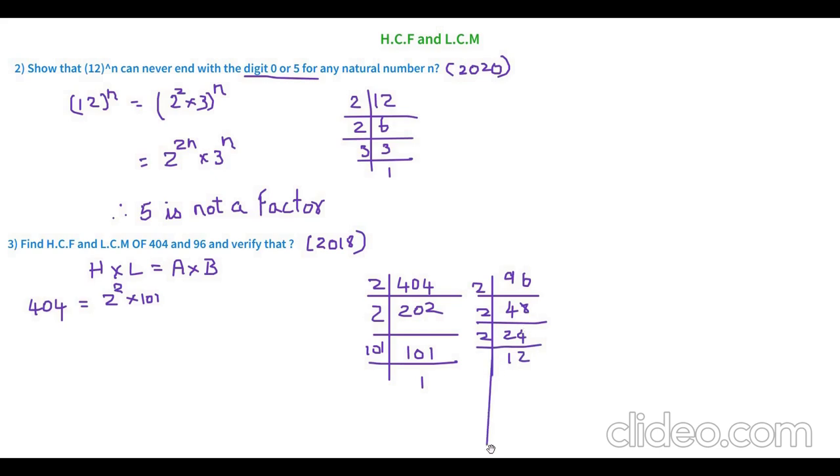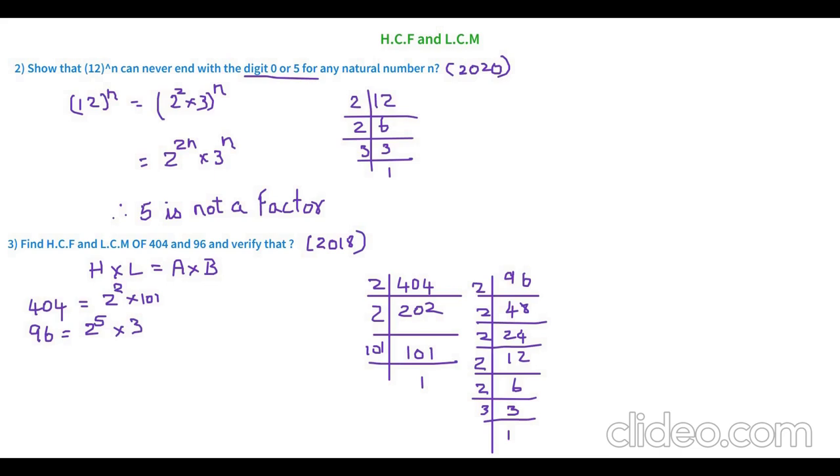And let's see how it is further divisible by 2. It is divisible, we get 6, and again it is further divisible by 2, we get 3, and again it is divisible by 3, we get 1. So now we have found the factors of 96. So 96 equals 2 power 5 times 3. We have only one 3.